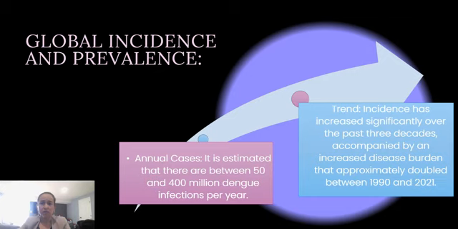Trend: incidence has increased significantly over the past 3 decades, accompanied by an increased disease burden that approximately doubled between 1990 and 2021.